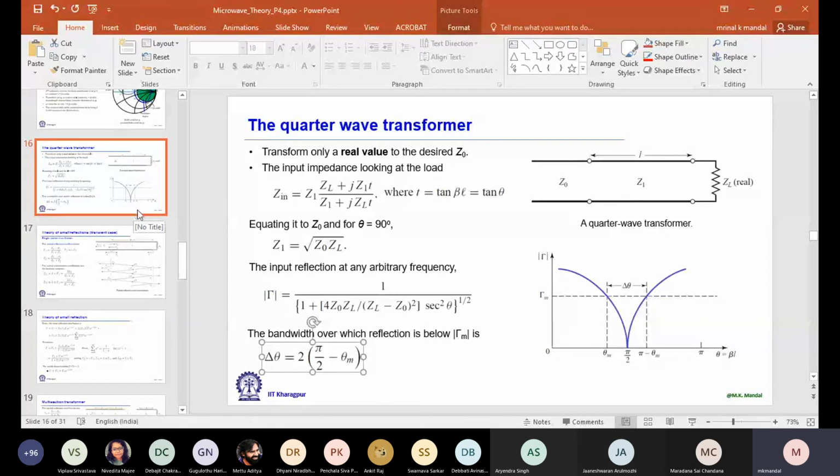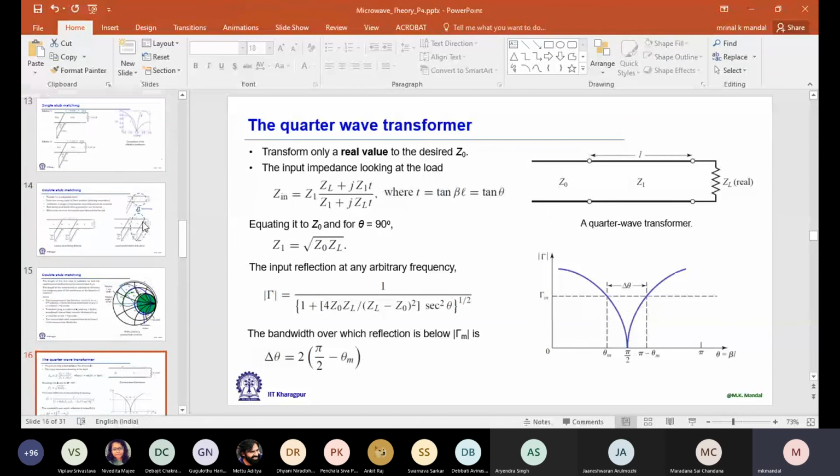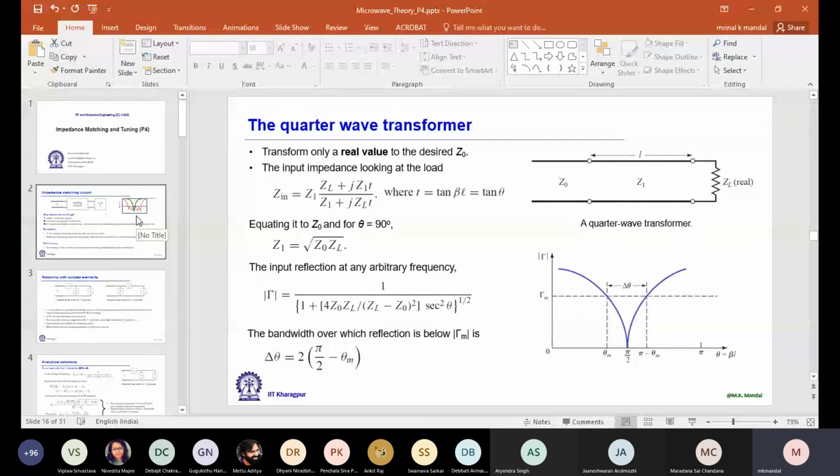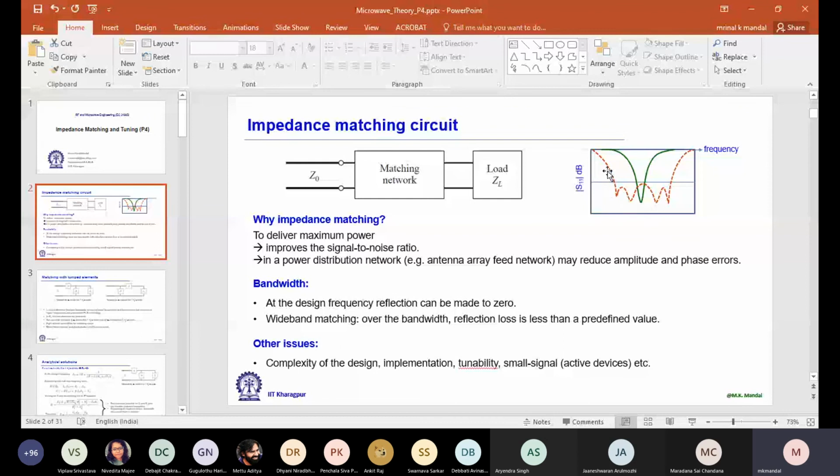Now, let's say I need a wideband matching network. Not always is the application over a narrow band. Here is one example. I want S11 over, let's say, the whole X band, 8 to 12 gigahertz. It should be less than 5%. Then how to proceed?